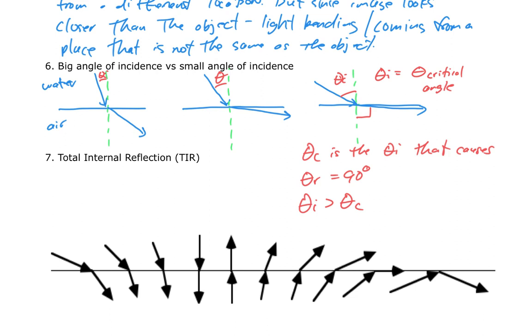Now in reality, in all of these situations, we're going to be getting a little bit of reflection. So even over here, when we have a pretty small theta I, you're going to get a little bit of light, just a small amount, that's going to reflect off.